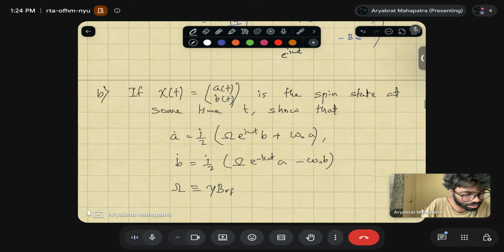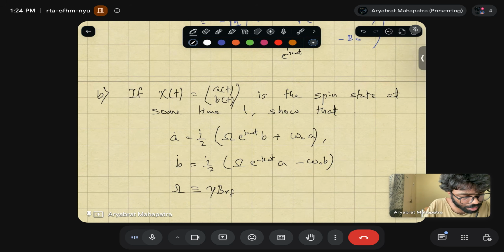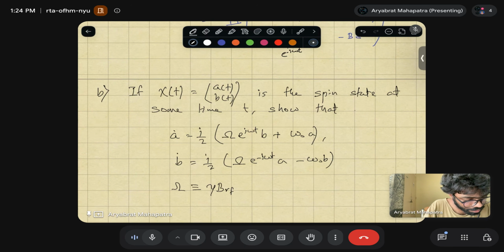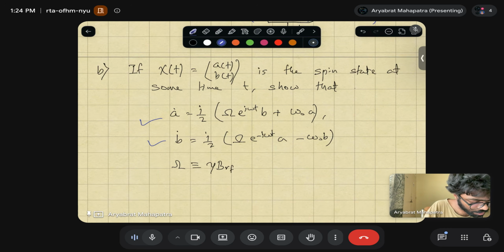Here, let's say this is the spin state at some time t. Show that the derivative of a is given by this, and the derivative of b is this, and furthermore gamma times B rf is omega.